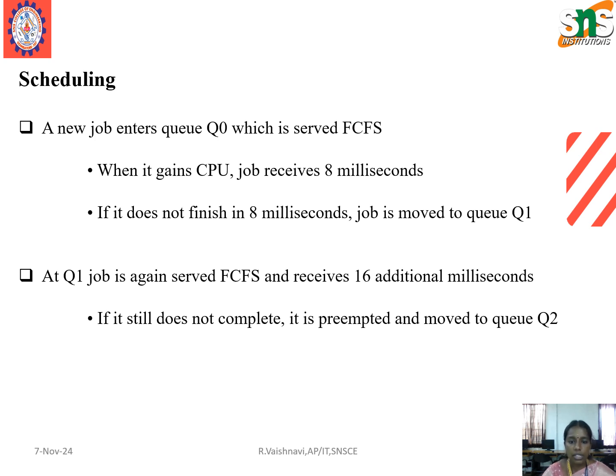If it does not finish in 8 milliseconds, the job is moved to Q1. At Q1, the job is again served FCFS and receives 16 additional milliseconds, and if it still does not complete, it is preempted and moved to Q2. That is, after Q1, it moves to Q2, the FCFS scheduling algorithm, which comes under the background one. Thank you.